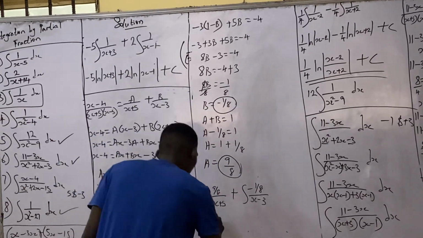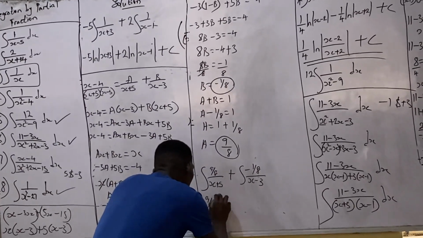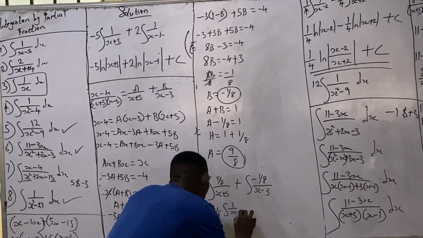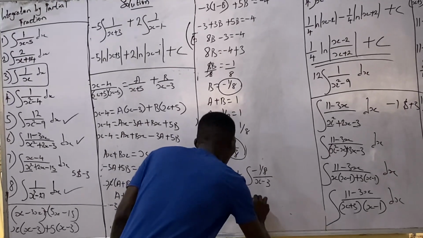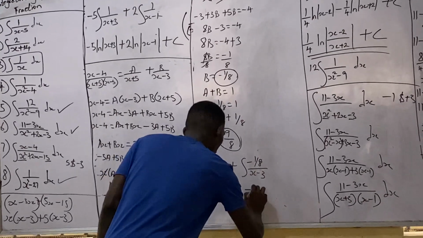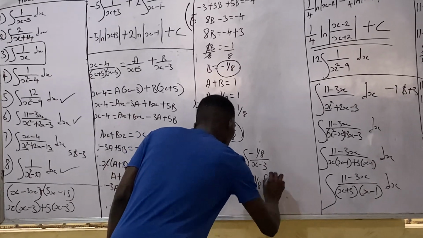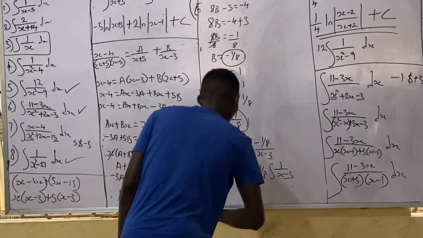So we can rewrite this as 9 over 8 integration of 1 over (x plus 5), minus 1 over 8 integration of 1 over (x minus 3).